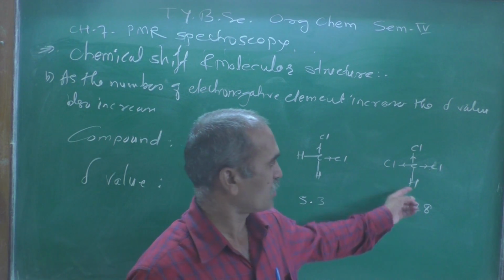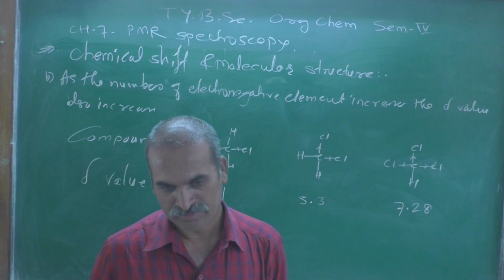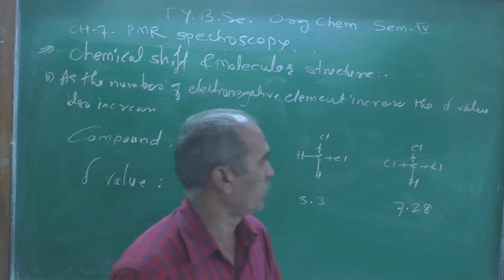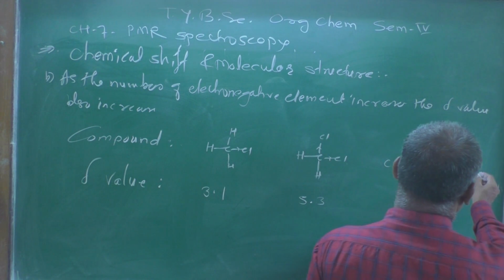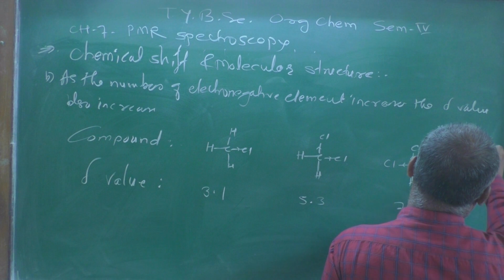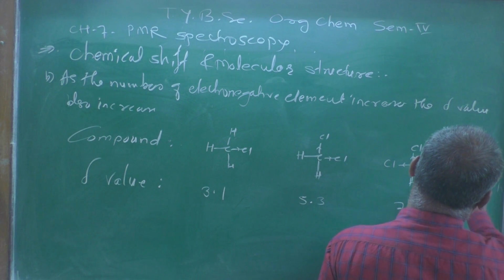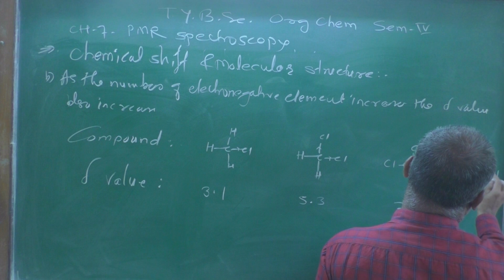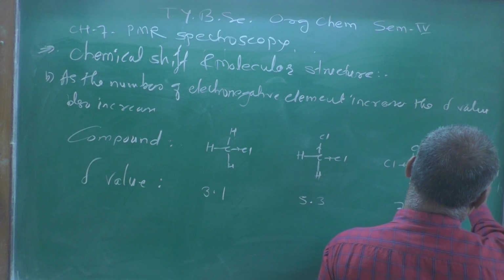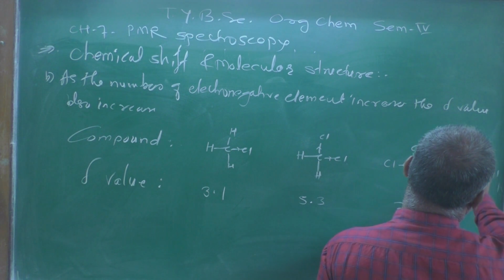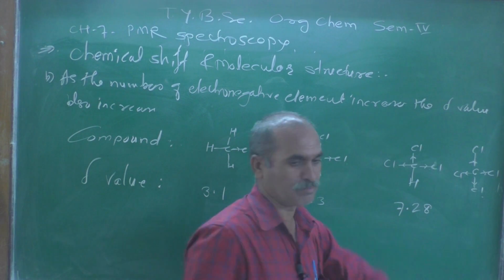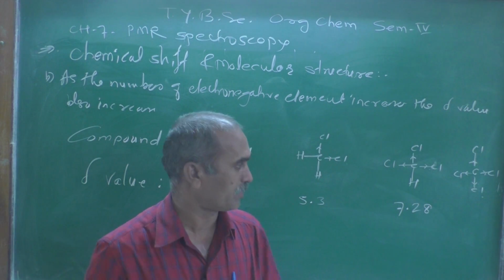If you replace all these, let us see over here. So what I am doing here: a chlorine atom, chlorine atom, chlorine atom and chlorine atom. This is a tetrahedral structure.